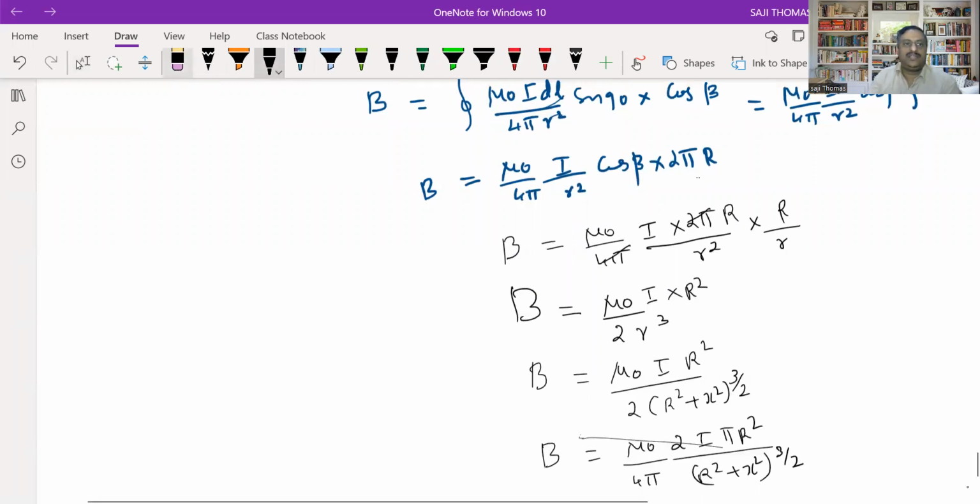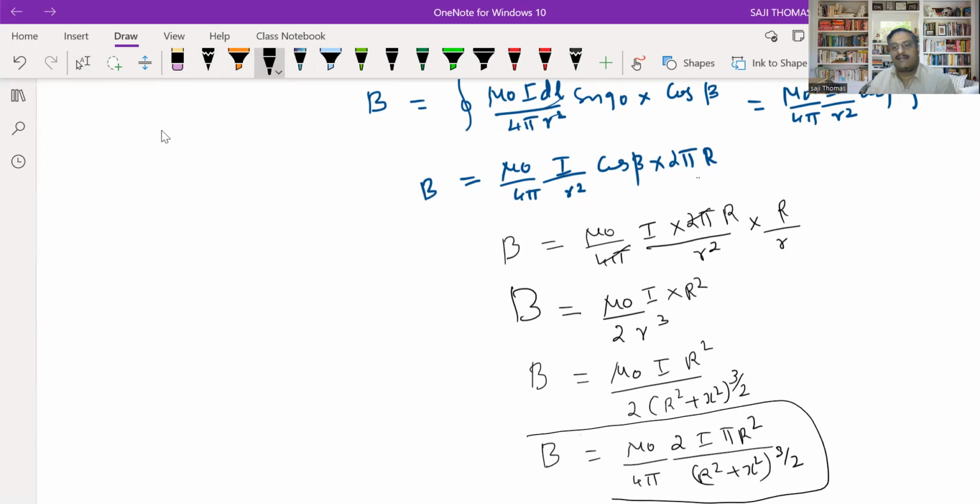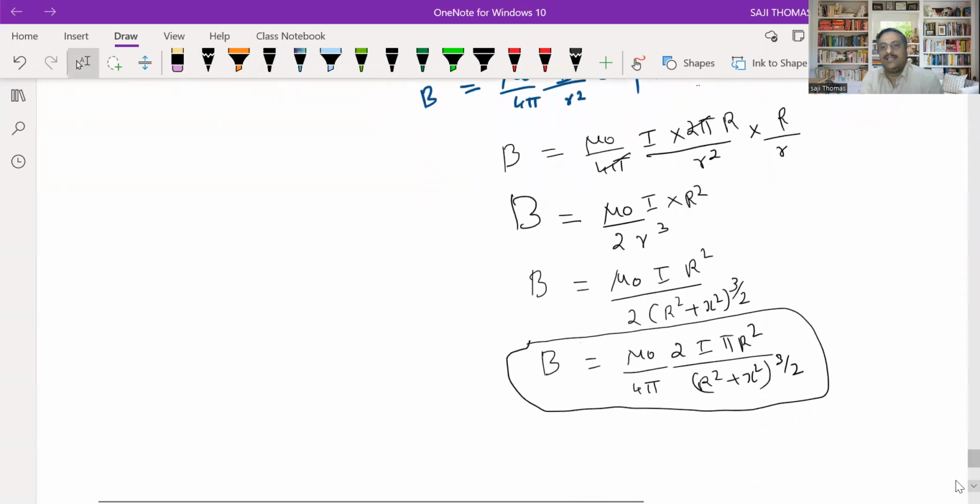This is the equation for the magnetic field at the axis of a circular loop carrying current.